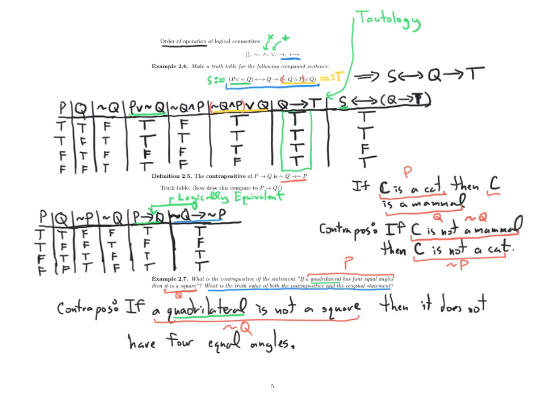All right. So the truth values of these statements are going to be logically the same. When one is true, the other is going to be true because these are logically equivalent. But there is a situation where we can find something that has 4 equal angles but is not a square. And a counterexample to this is, of course, a rectangle.